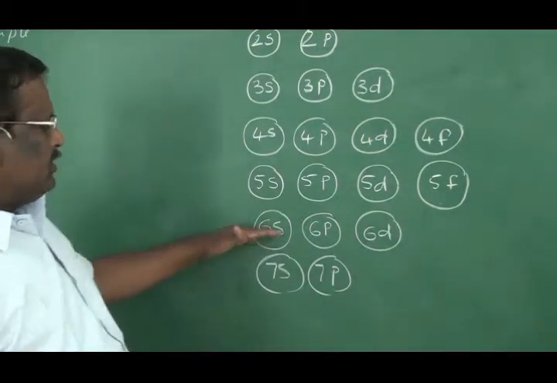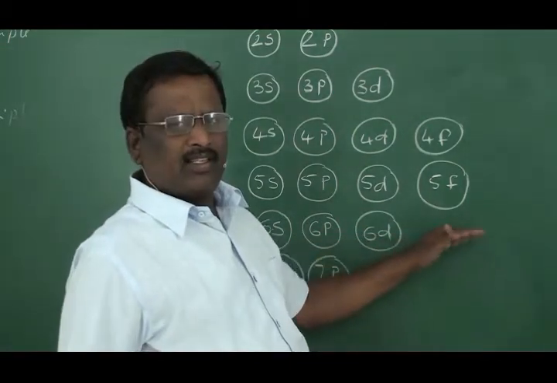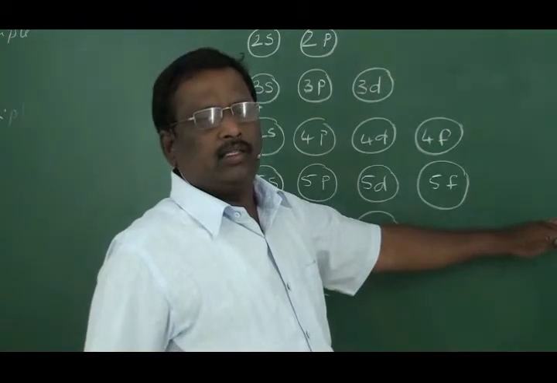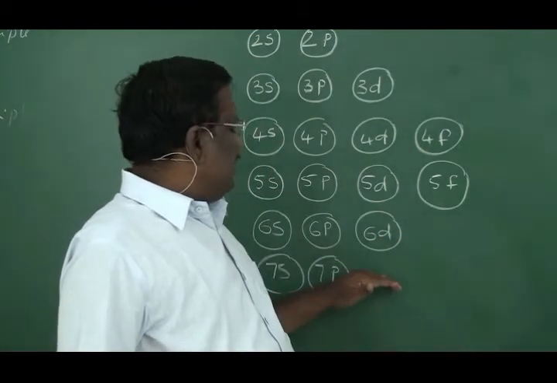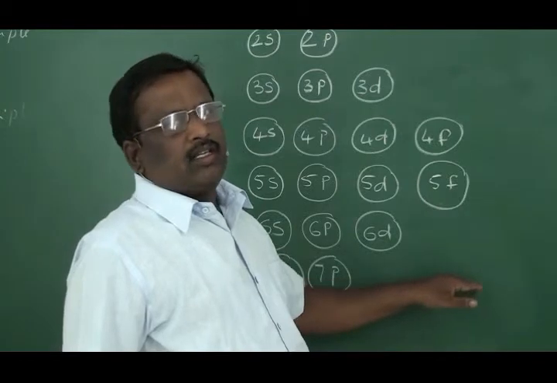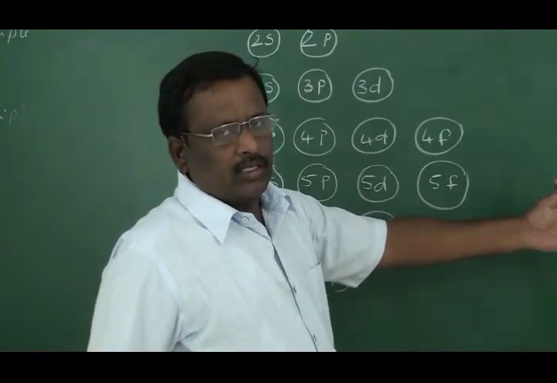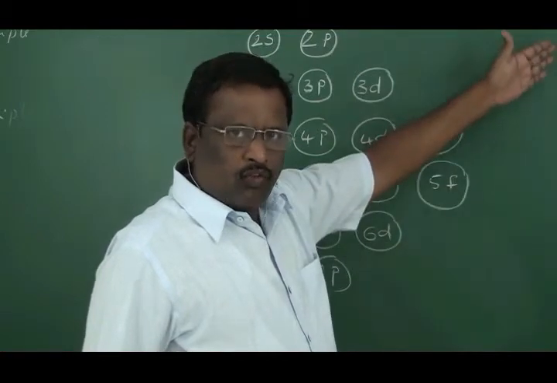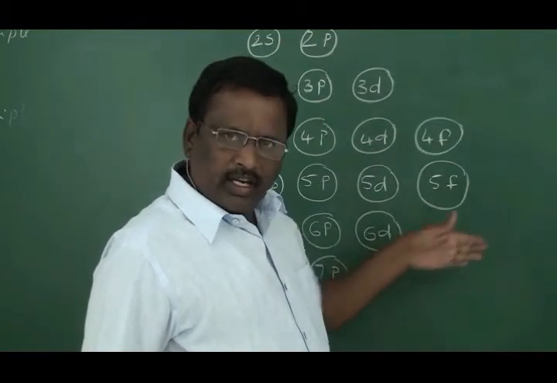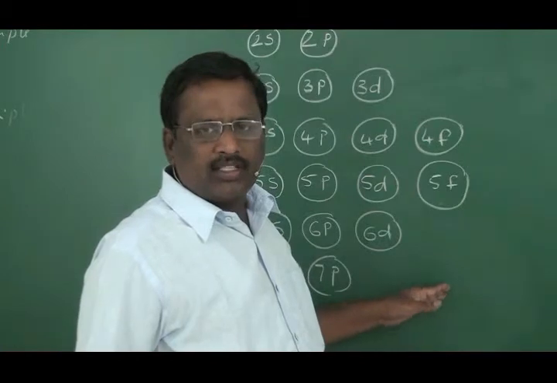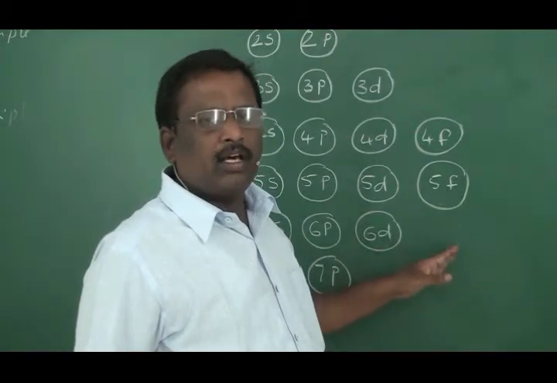But here in sixth energy level we have other sub-energy levels, 6f and 6g. And here also 7d, 7f, 7g, 7h are present. But for the atoms discovered so far, there is no need to enter into these orbitals. That's why I am not mentioning those orbitals.